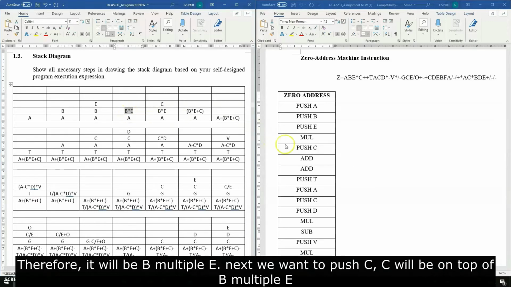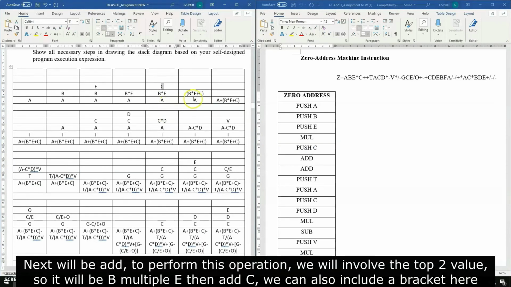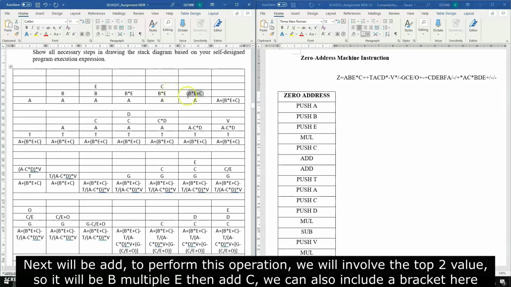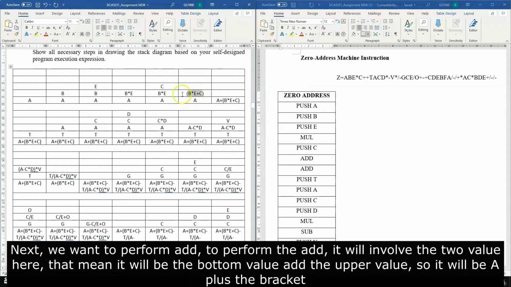Next, we want to push C. C will be on top of B multiply E. Next will be add. To perform this operator, we will involve the top two values. So it will be B multiply E, then add C. We can also include a bracket here.